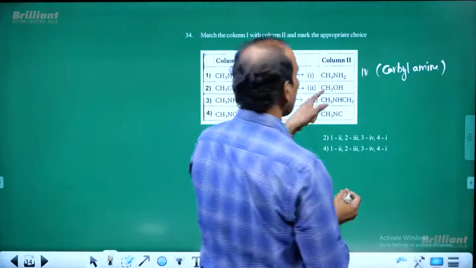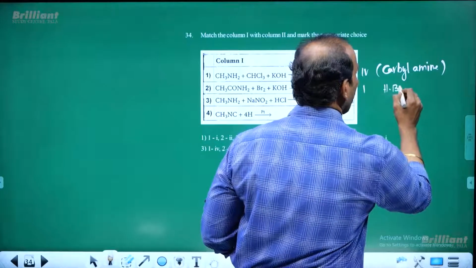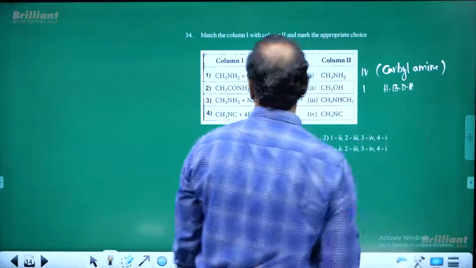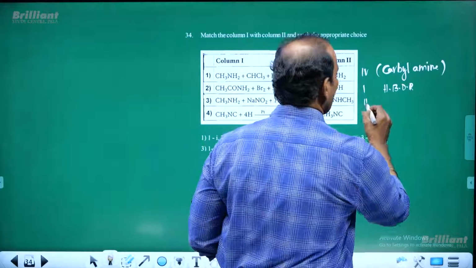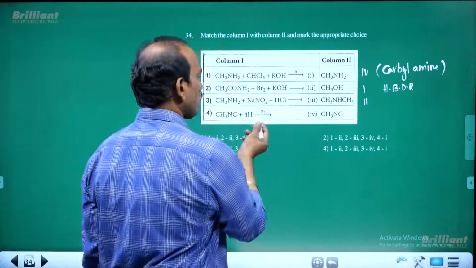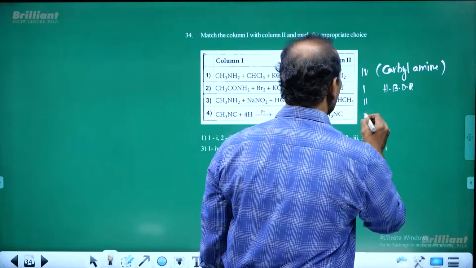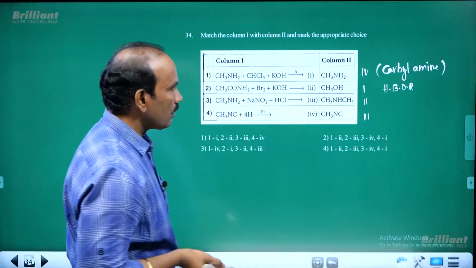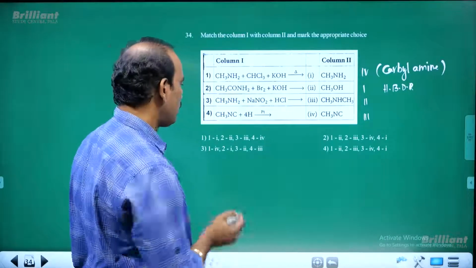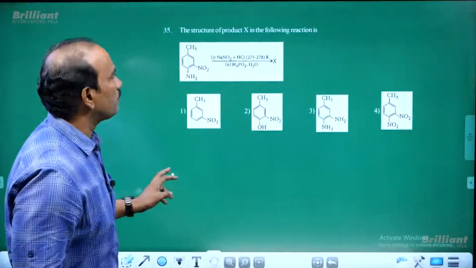This is 1, Hofmann bromamide degradation reaction. Then this OH group changes to alcohols, that is 2. This isocyanide reduced with this one, you get a secondary amine, that is Mendius reduction. 3. What is the option? 4, 1. This is the option. Next one.